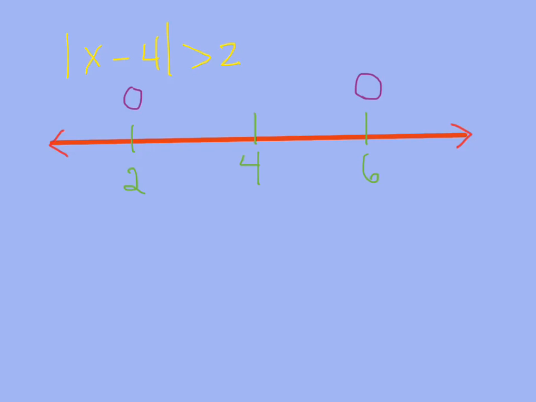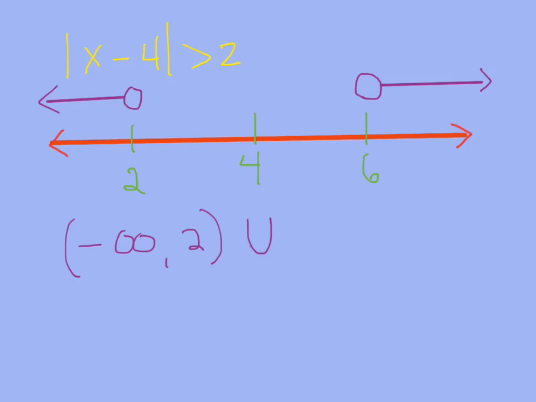Now we're looking for those numbers that are further away than 2. So those values would be greater than 6 or less than 2. We would write this in interval form as negative infinity up to 2. Notice we use parentheses on both because we do not include the endpoint.